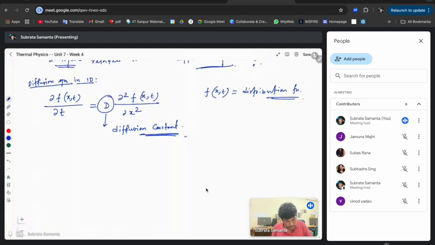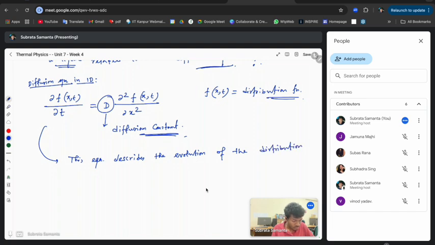And what is the role of this equation? This equation describes the evolution of the distribution of particles in space and time t.